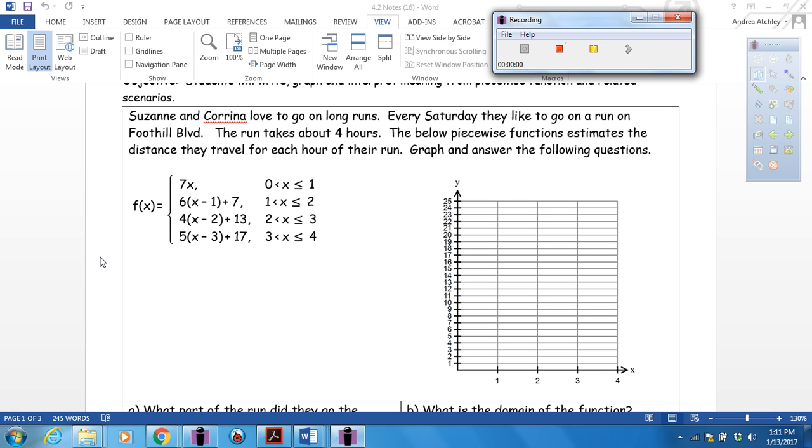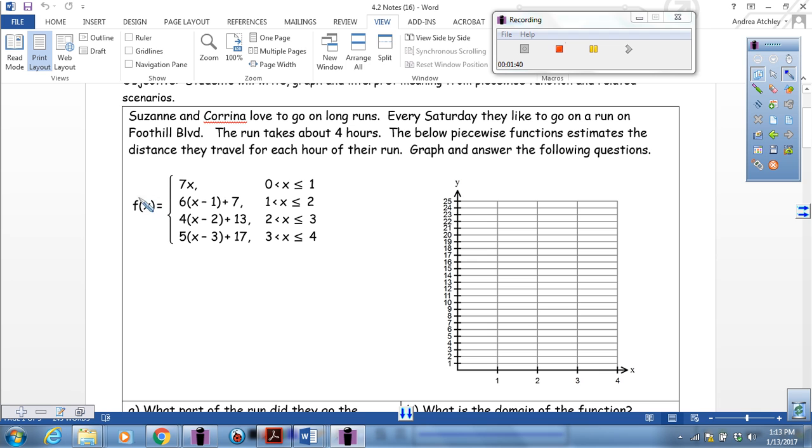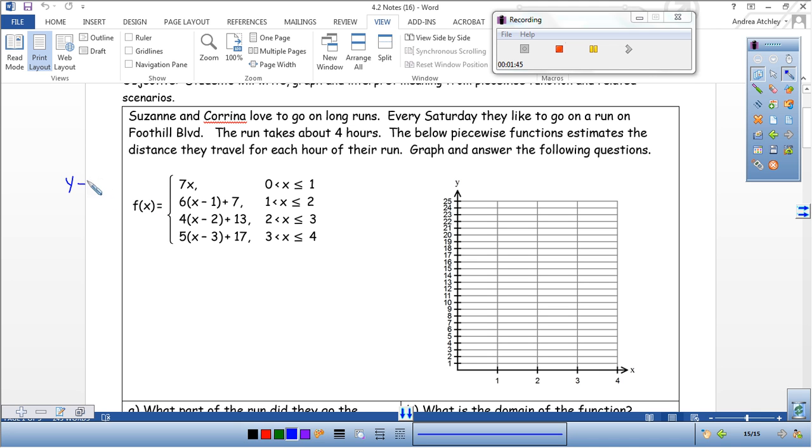So this is a little bit different type of an equation than we're used to looking at. But really this is all this is. This equation is just the point slope equation. It is y minus y1 equals m times x minus x1.